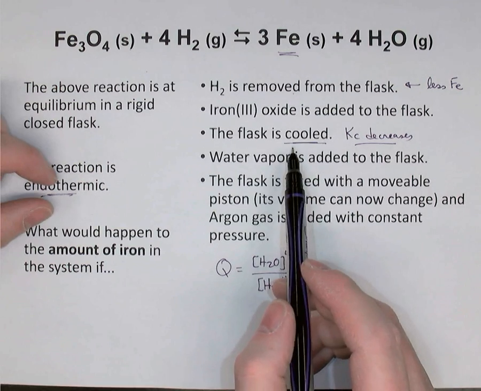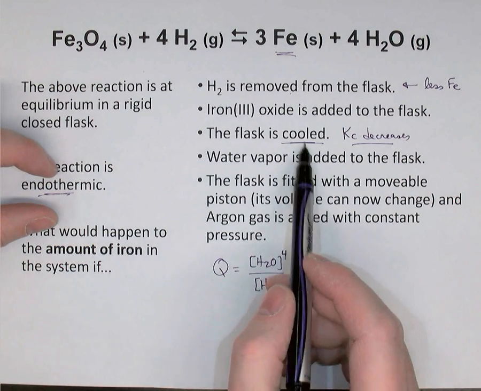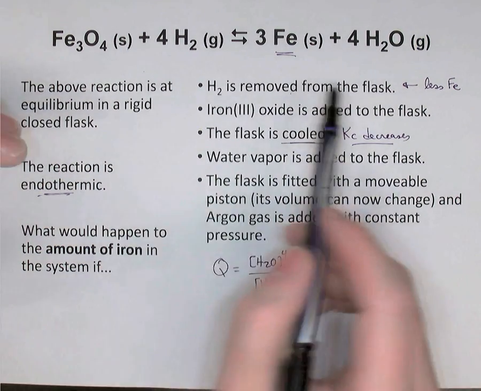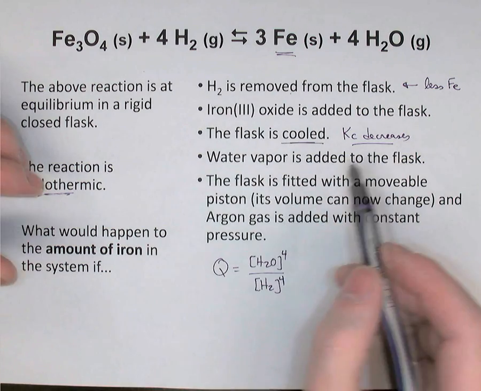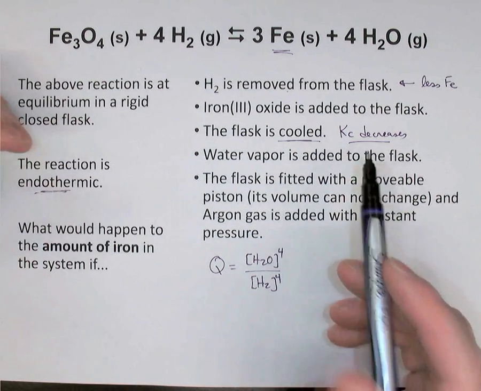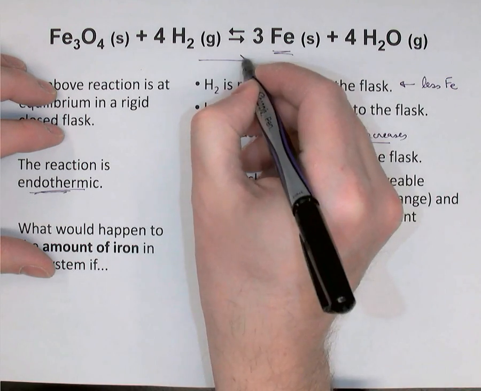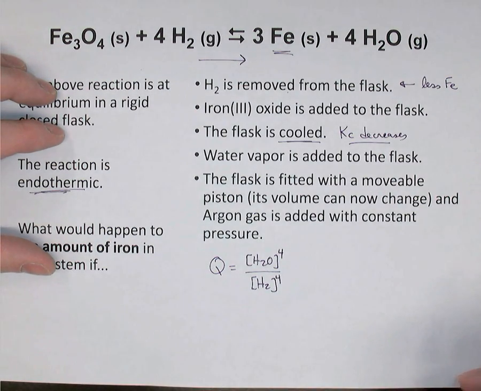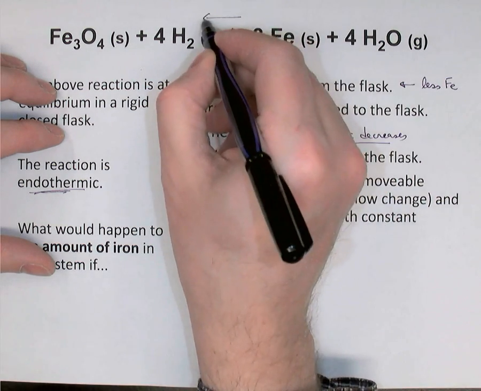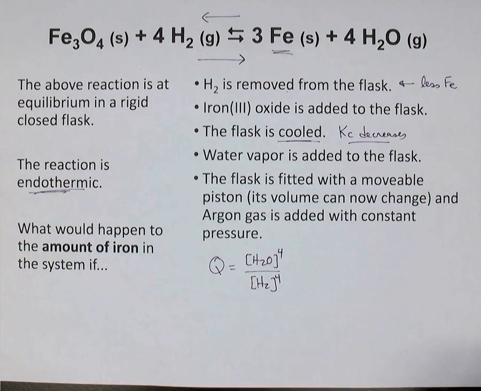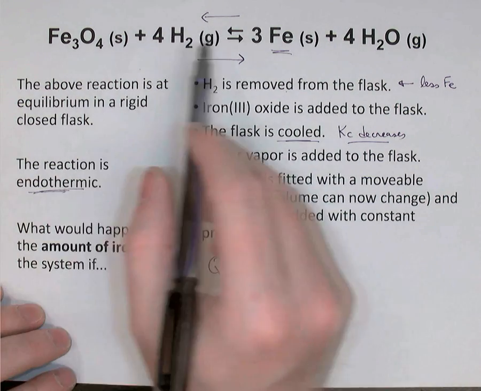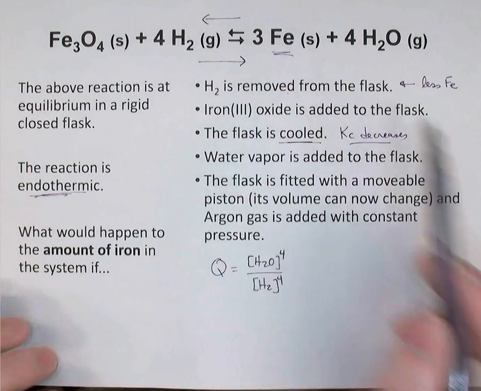From a kinetics perspective, we'd say cooling the system slows the forward and reverse rates. However, the endothermic direction slows down more. So because the reaction as written is endothermic, the forward reaction slows down more than the reverse reaction. So there'll be a reverse shift as a result, and you'll get more iron oxide, you'll have less iron in the container.